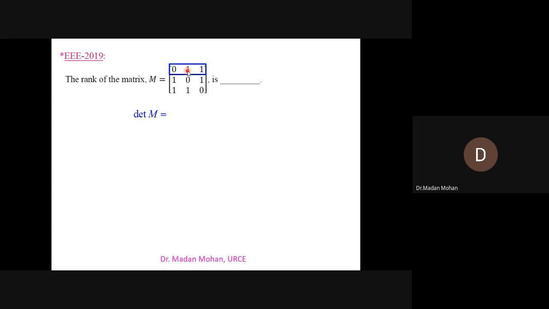Therefore, minus 1 into AD. 1 into 0, minus 1 into 1. I am using the first row to calculate this one. Minus, plus, minus, plus. Minus 1 into AD: 1 into 0, minus 1 into 1. Next, plus 1 into what? 1 minus 0. I simply calculate the determinant using the first row.